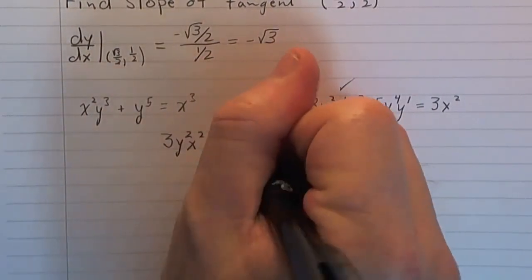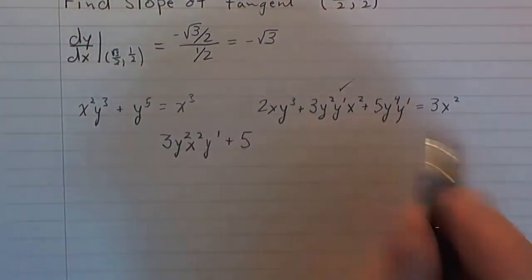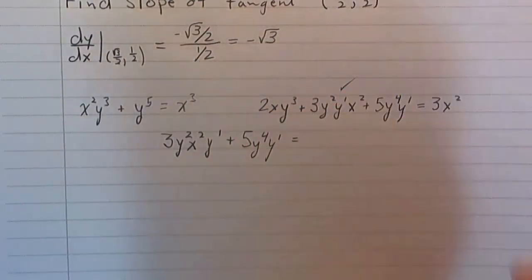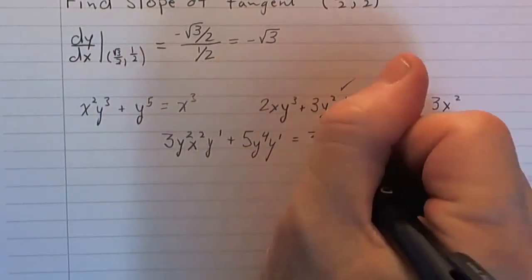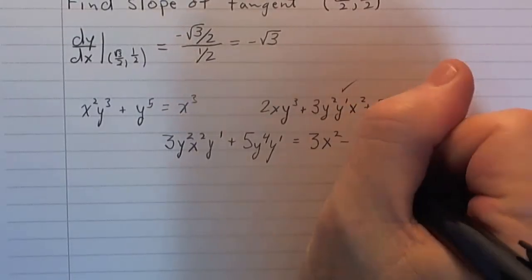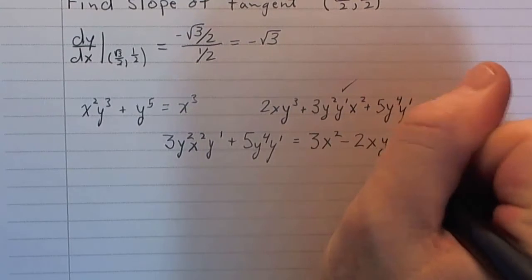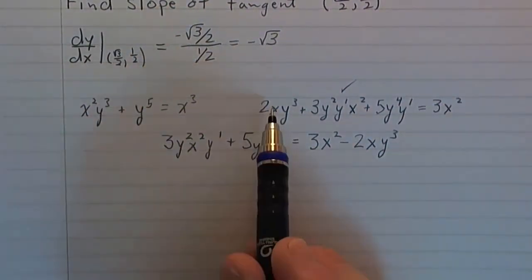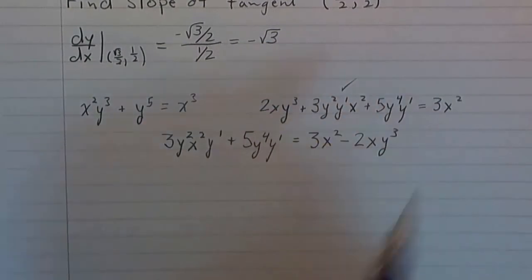We have 5y to the fourth y prime. And then on the other side, we have 3x squared, see that? Minus 2x y cubed. See, I just subtracted this from both sides, moved it over.